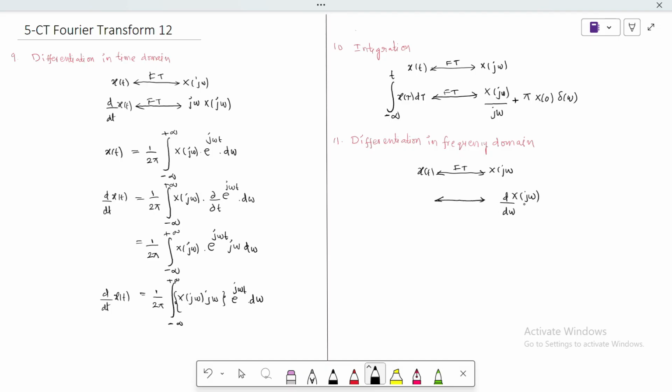Here we are differentiating X(jω). For that, I am taking the Fourier transform, which equals the integral from minus infinity to plus infinity of x(t) into e^(−jωt) dt.